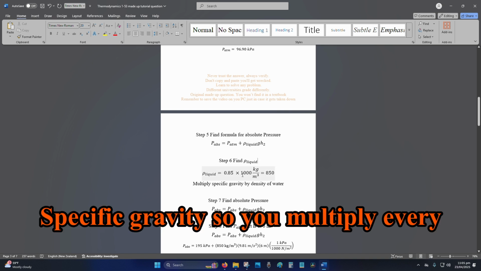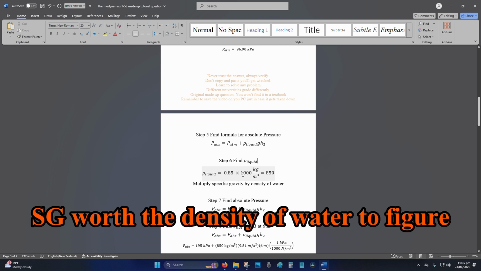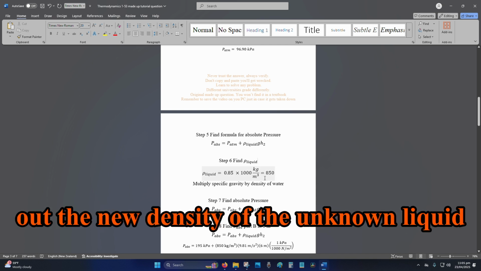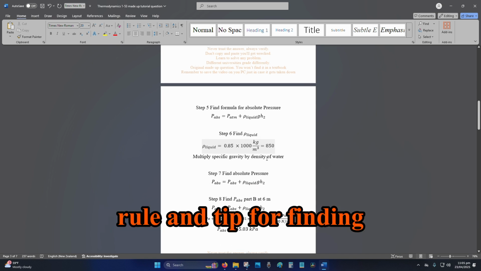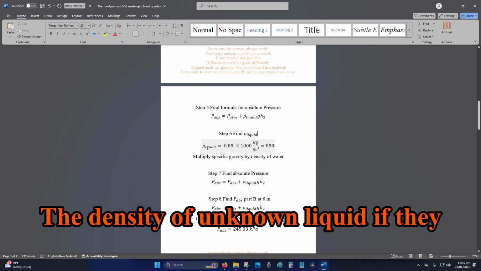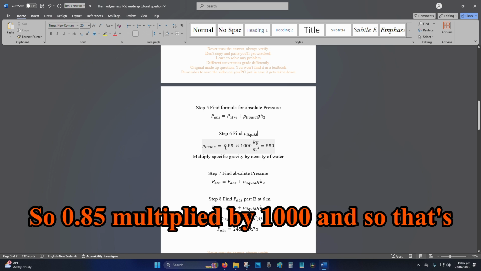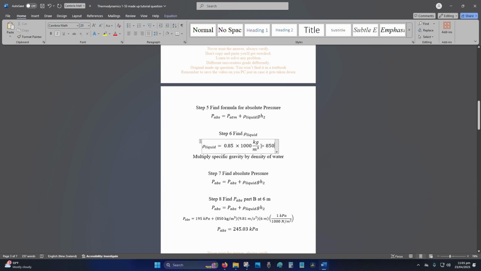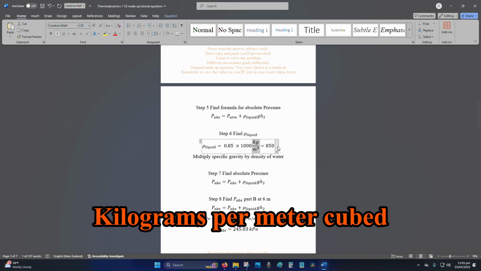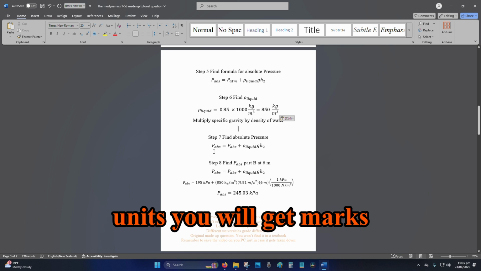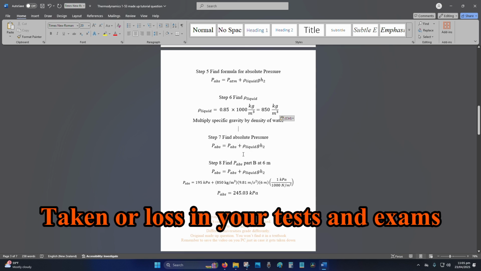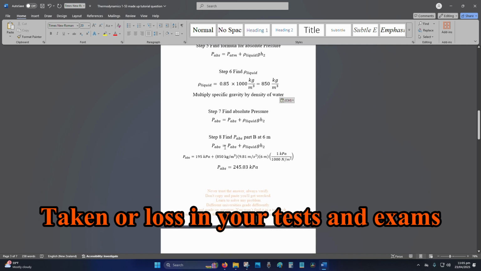You multiply every SG with the density of water to figure out the new density of the unknown liquid. So that's a general rule and tip for finding the density of an unknown liquid if they give you specific gravity. So 0.85 multiplied by 1000, so that's 850 kilograms per meter cubed. Don't forget your units. You will get marks taken off or lost in your tests and exams.